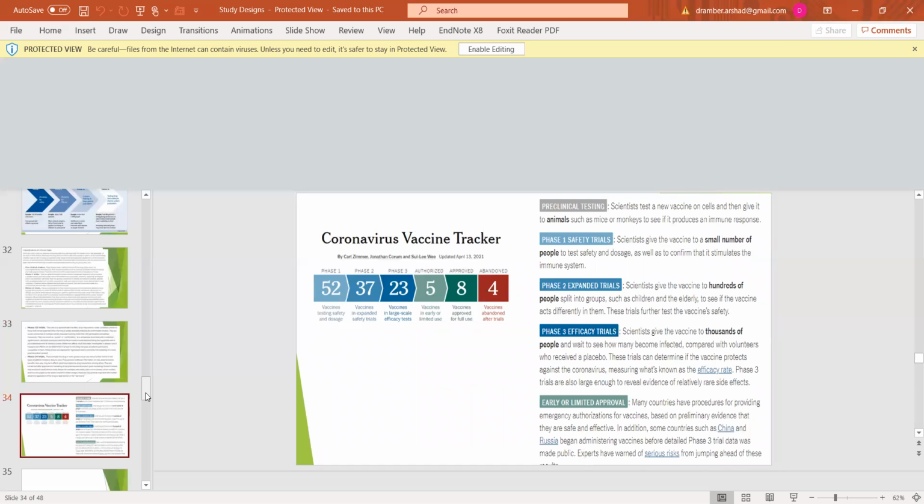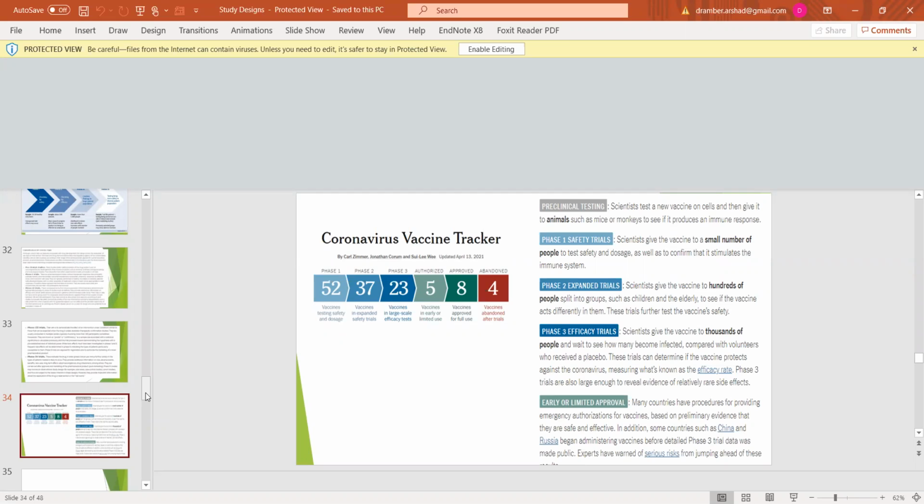This is again a picture of a coronavirus vaccine tracker, in which there are a number of vaccines in different phases. In preclinical stages, animal testing is done. In phase 1, a small number of people were given the vaccine to check the safety and dosage.